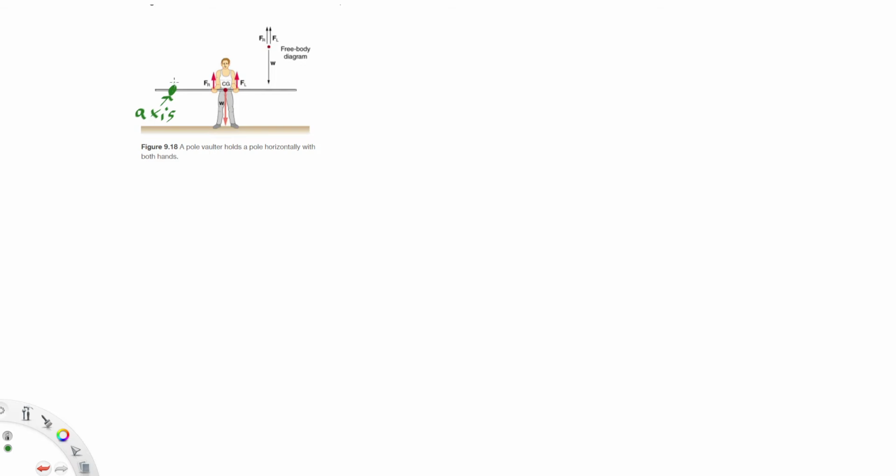So the axis of rotation is going to be 2 meters to the left of FR. FR is going to be 0.35 meters from the center of gravity, which is then 0.35 meters from the left hand.